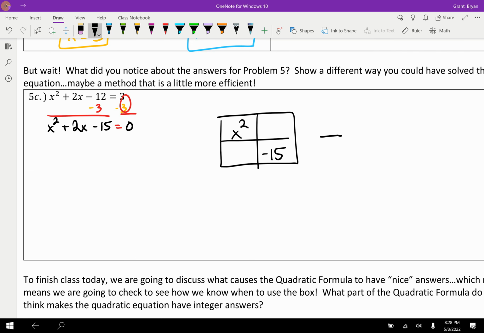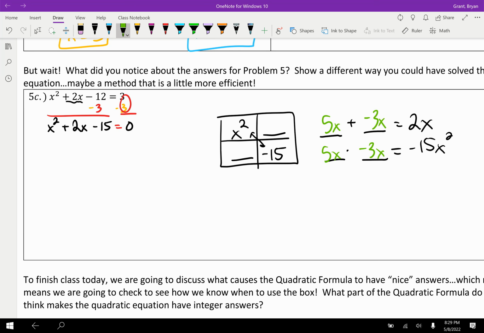And we're going to need two numbers that add up to equal the number in the middle, the 2x, which will be our extra spaces here. And they have to multiply to equal the diagonal, so negative 15x squared. What are those two numbers? Factoring sheet might help you, but hopefully you got it's 5 and negative 3. 5 minus 3 is 2. 5 times negative 3 is negative 15.